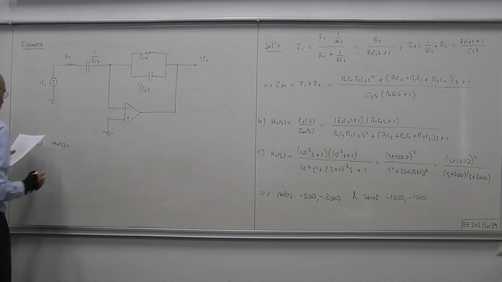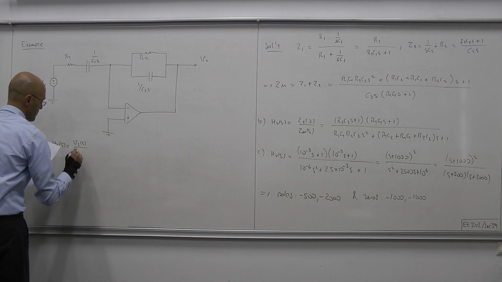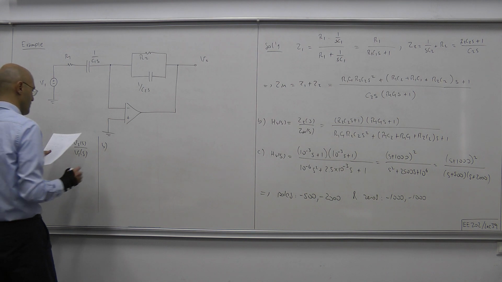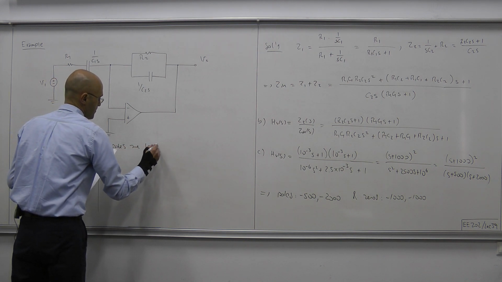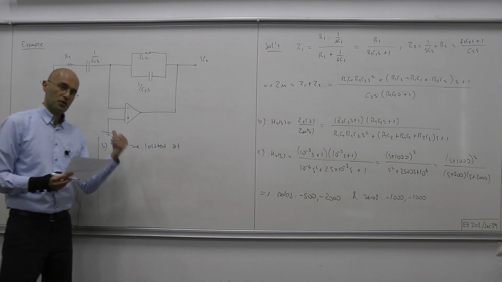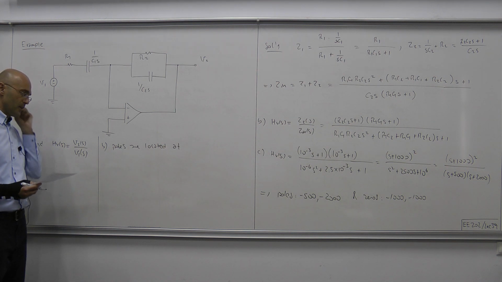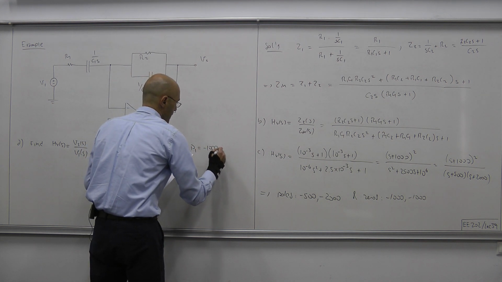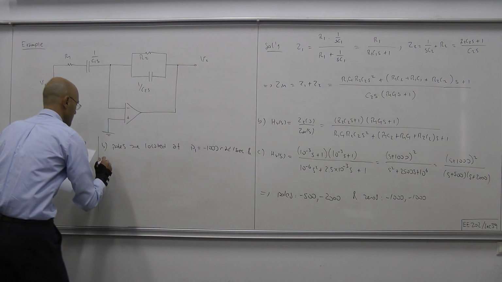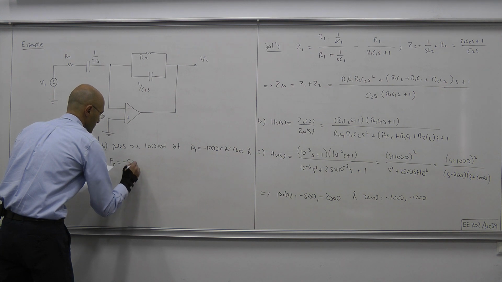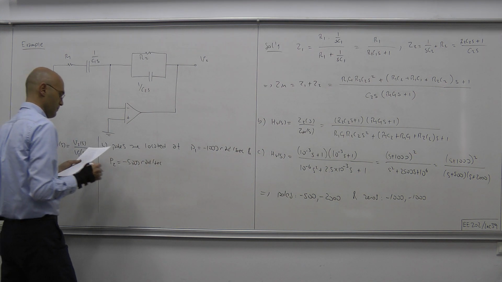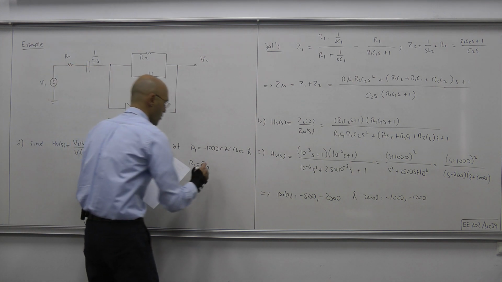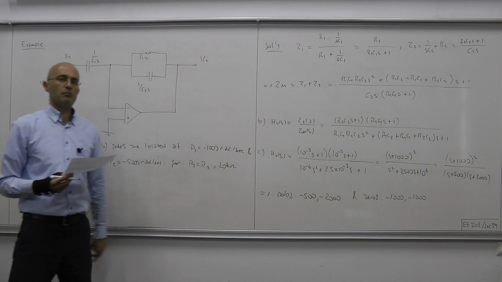Now, what we're asked is: find the transfer function from input V1 to output V2. Find HV of S, the voltage transfer function, V2 of S over V1 of S. And for B, the poles of the transfer function are located at P1 equals minus 1000 radians per second, and the other pole at minus 5000 radians per second, when the resistances R1 and R2 are both 20 kilo ohms.